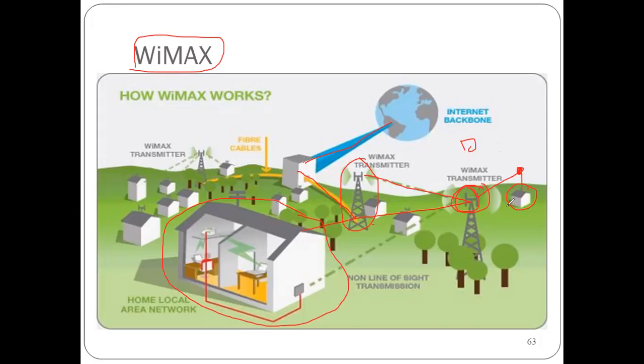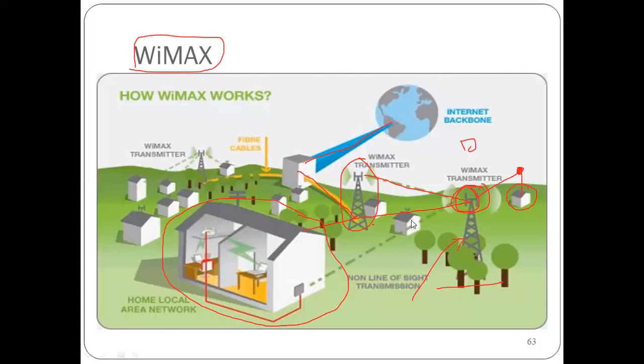So that problem exists because of this technology, right? Partially, where we are not able to deploy wires, we can easily make use of this WiMAX technology. And where we want a reliable connection, we can go with wired also. So we have a combination, like a blending of all these techniques, right?